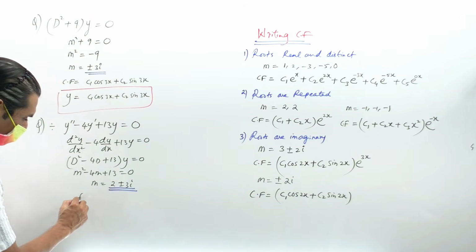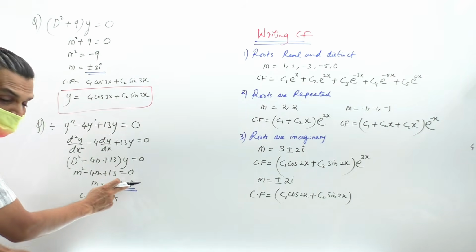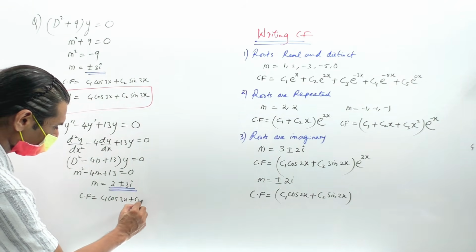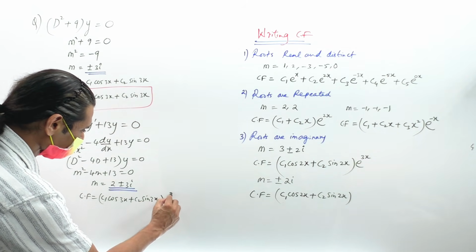So, obviously, the complementary function CF will be C1 cos of, which is the imaginary term, 3x plus C2 sin of 3x, whole into the real part, e raised to 2x.